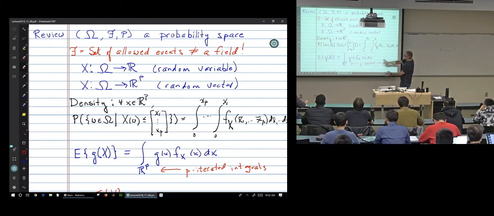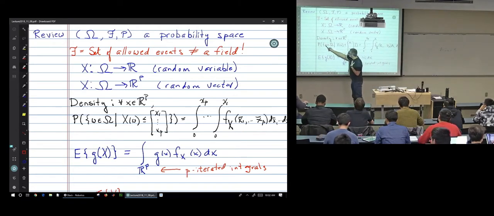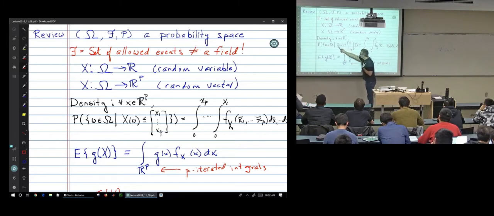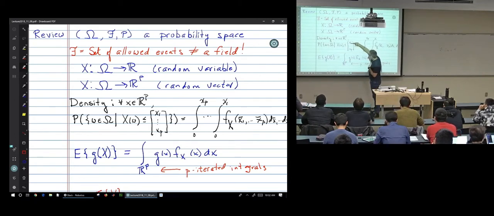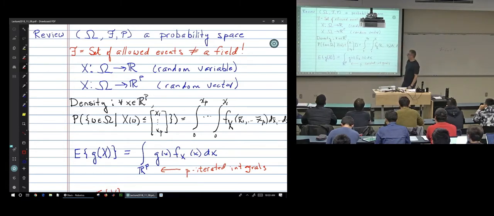The definition is that if you look at a very simple type of event, the set of all points in your probability space where the random vector component-wise is less than x1, x2, xp, you get that by integrating the area under the density. And as these tend to infinity, you integrate the entire density, you get 1.